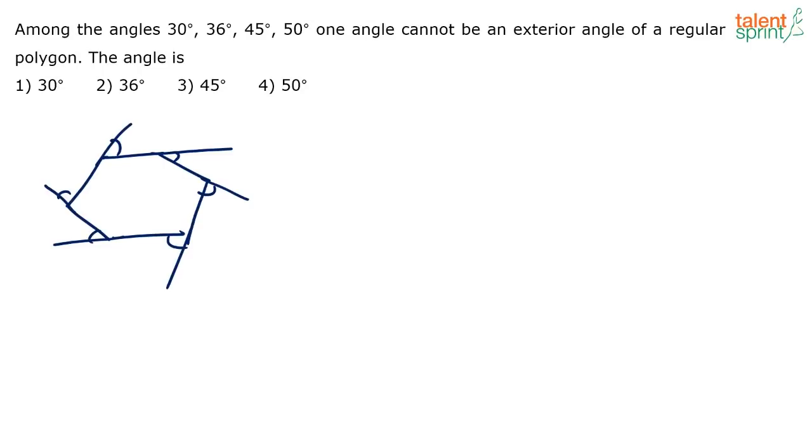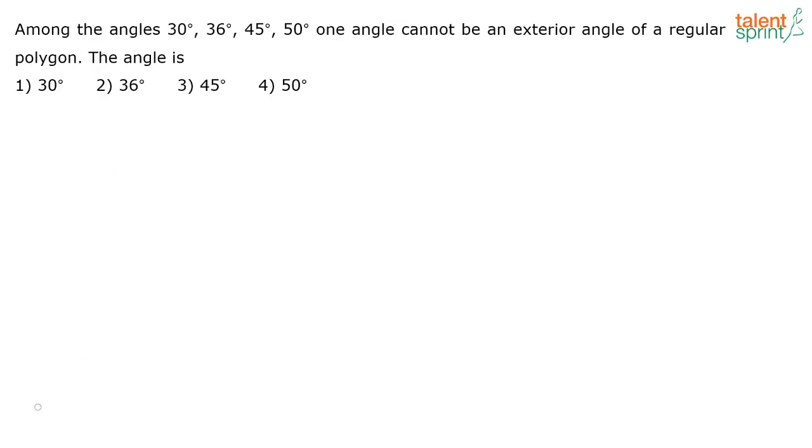Now what are they saying? Among these angles, regular polygon means all the internal angles are the same, so the external angles will also be the same, and the sum of all these external angles has to be 360 degrees. We have to find which of these angles cannot be the exterior angle of a regular polygon. If you see, 360 divided by 30 is possible, that is equal to 12, so there are 12 such angles in that polygon.